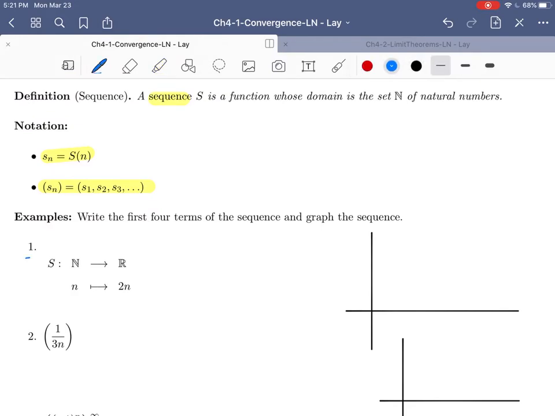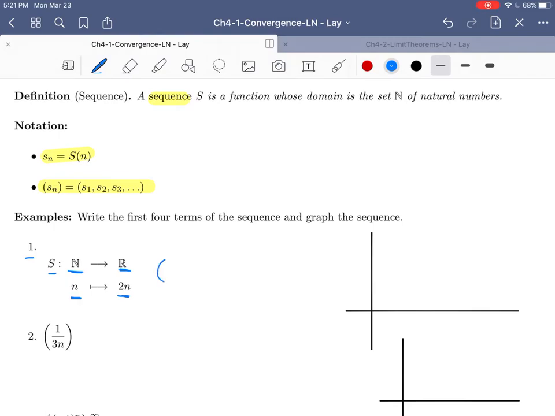In this first example, let's write out the first four terms of this sequence. Right? So this sequence has a domain that's the natural numbers. The codomain is the real numbers. And what this function s is going to do, what the sequence is going to do, is for each natural number, it is going to associate 2 times that natural number.